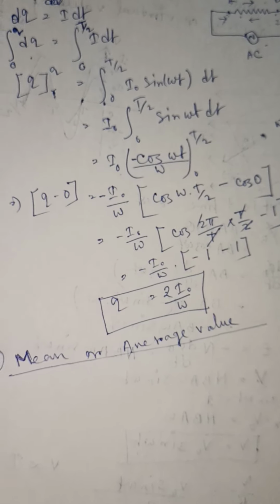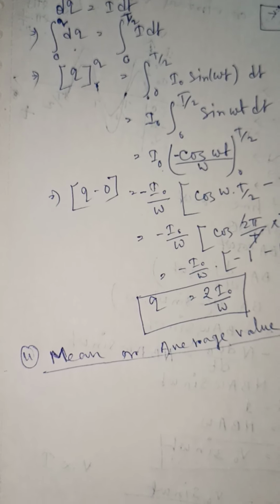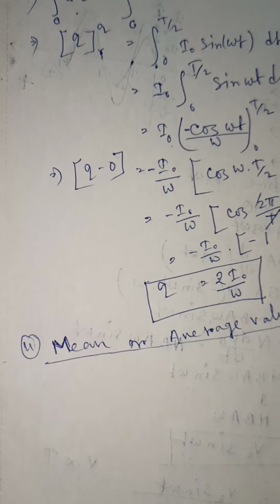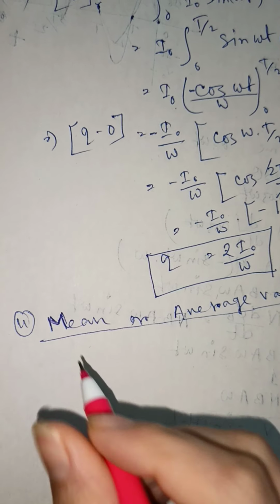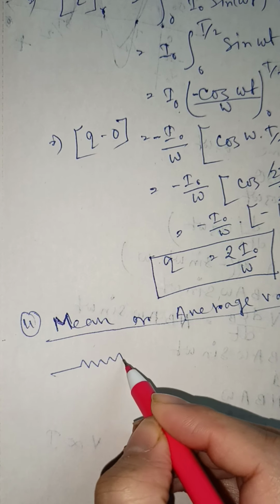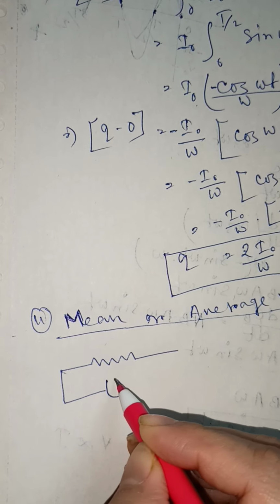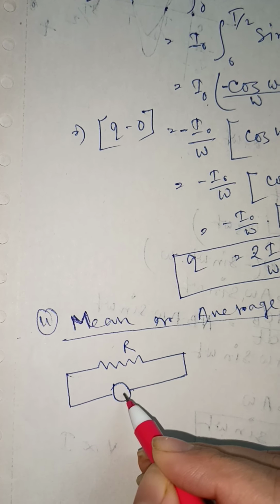Here I'm going to find the mean value of AC current. What is the meaning of this? Basically, suppose this is a circuit with a resistance R, and this is our AC circuit.